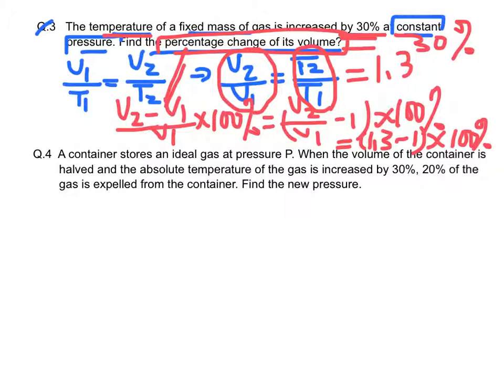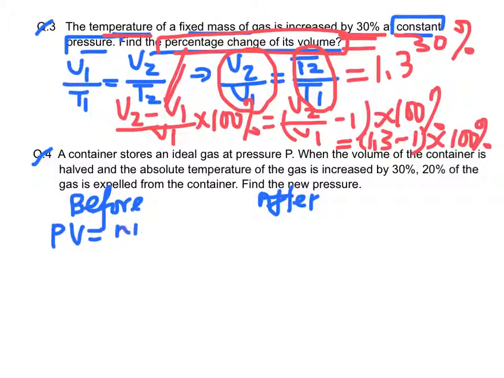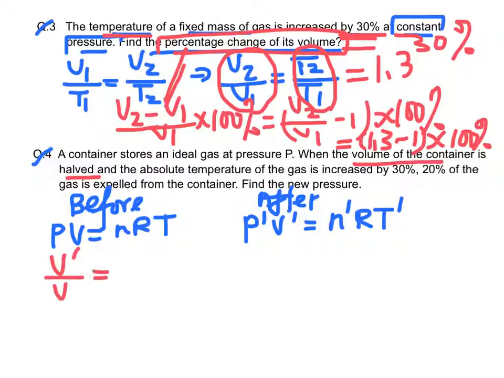Now, study question number 4. Before the change, we have equation of state PV equal to nRT, and after the change, we got P' V' equal to N' R T'. Since the volume of the container is halved, we got V' over V equal to 1/2.